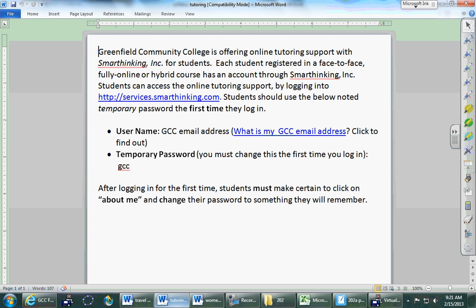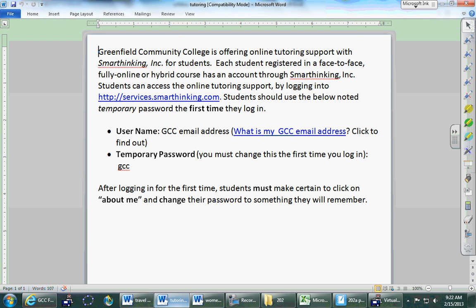You just type in Google smarthinking.com. There's only 1 T in there. Your email address is your GCC one. Your temporary password is GCC. So I'd encourage you to just make a quick note of that webpage and your username and PIN or password. It's free. You can explore it. If you have no idea what it is, just ask me right after class and we can talk about it.